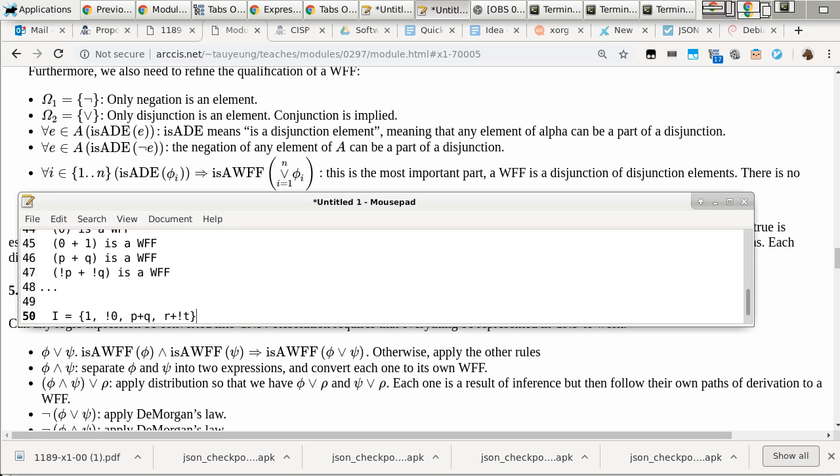So what this means is true is true, and not false is true, and P or Q is true, and R or not T is also true. All of those things are true at the same time. Everything in iota is true at the same time, and it's a given. But that's the only implicit conjunction that you have.